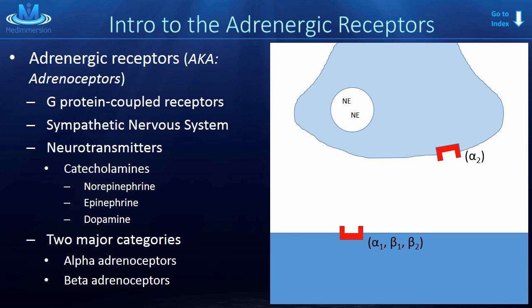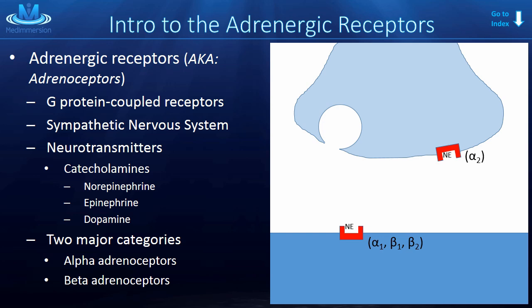Through a series of cellular processes, which I will cover in a separate lecture, it causes vesicles filled with neurotransmitters to fuse with the membrane and spill out their contents. In this example, the neurotransmitter is norepinephrine, which is a catecholamine. But other catecholamines and other drugs work on these receptors as well, and that's why this lecture is important. We're going to talk about all those so that we understand it.